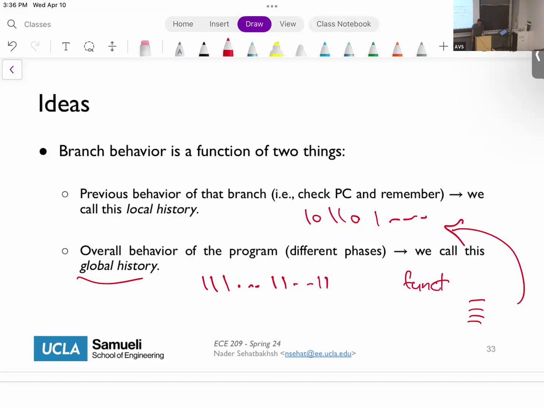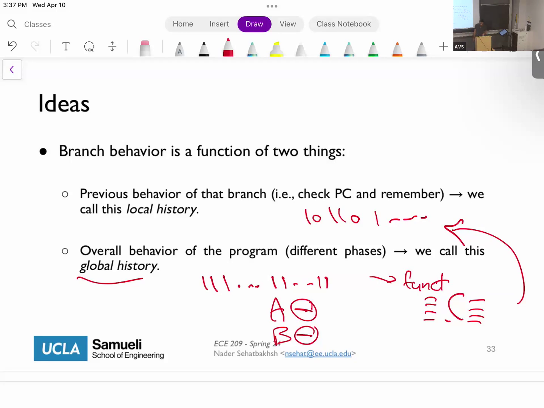But if I call this function from function A versus from function B, the behavior might be slightly different, because the input that I send from A might be different from the input that I send from B. And as a result, what used to be always taken for this branch, maybe all the results that A is sending to this function are always small values or large values, but B's values are exactly the opposite.